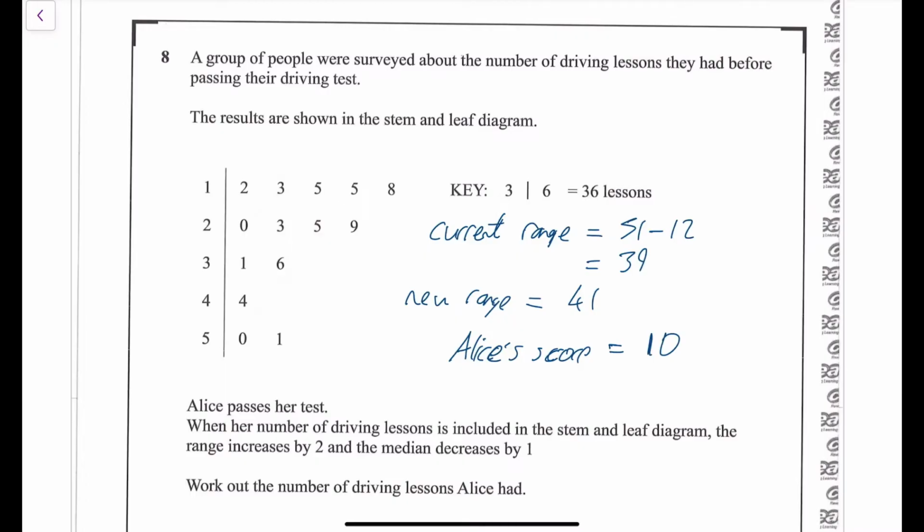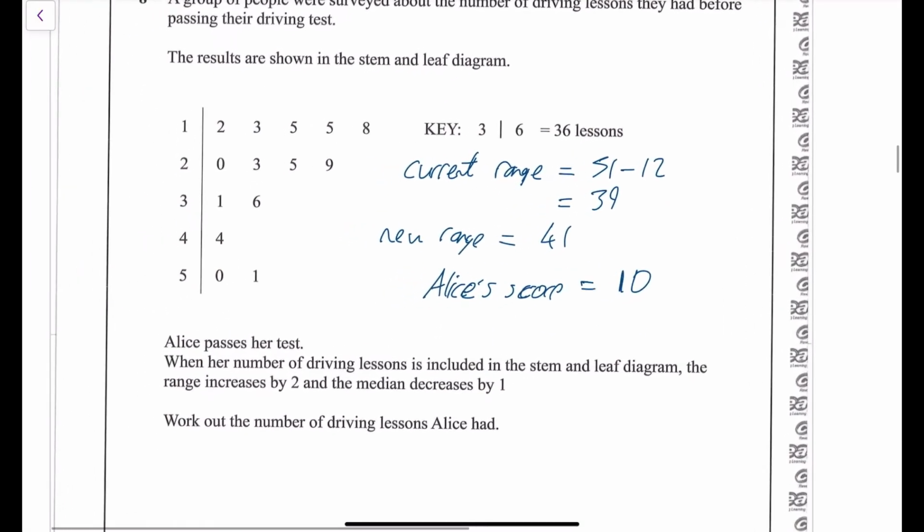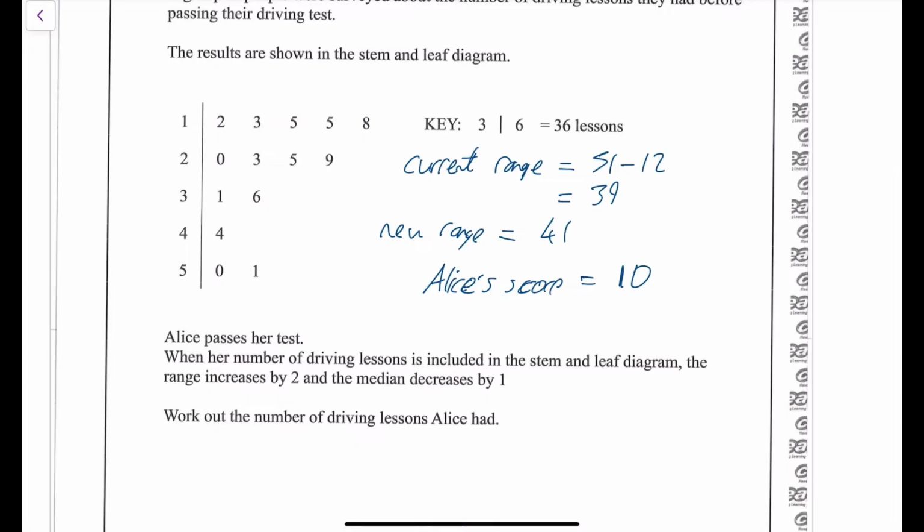This one confused me a wee bit, I have to say, so I'm just going to show you why this works. For the original, your Q2, which stands for your median, is 24.